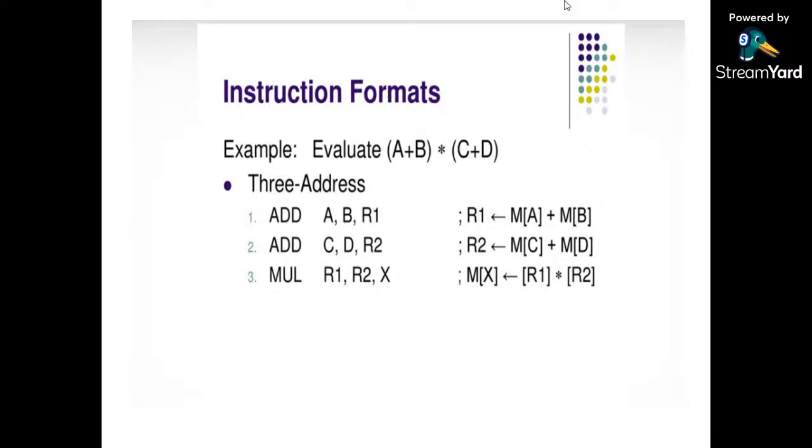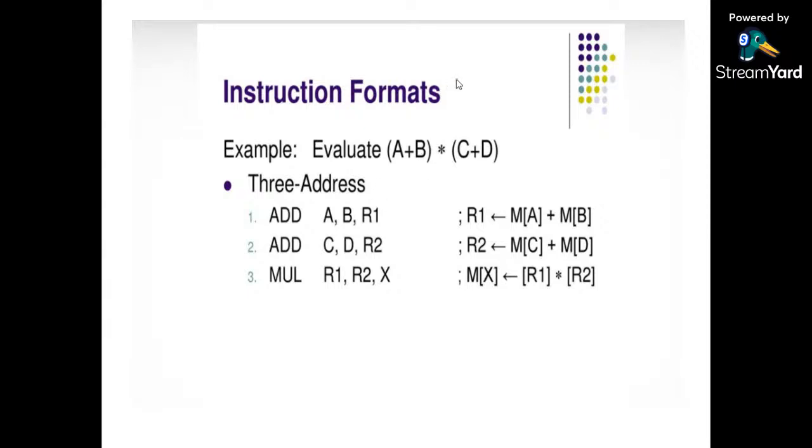First we will see how we will execute this instruction if we have a three address instruction machine. As we all know, in a three address instruction machine, we can specify three addresses in our instruction. So how will the execution proceed? The first instruction internally will be executed as add a comma b comma r1. If you remember, these r1 are general purpose registers which are used to store intermediate results.